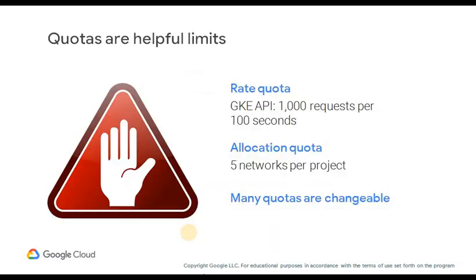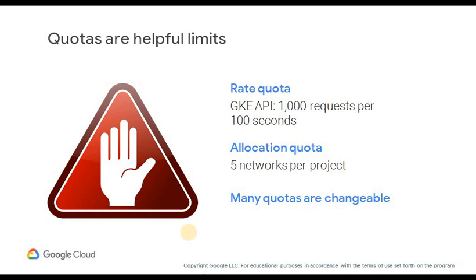Google Cloud also implements quotas, which limit unforeseen extra billing charges. Quotas are designed to prevent the overconsumption of resources because of an error or a malicious attack. Quotas apply at the level of the Google Cloud project. There are two types of quotas, rate quotas and allocation quotas. Rate quotas reset after a specific time.